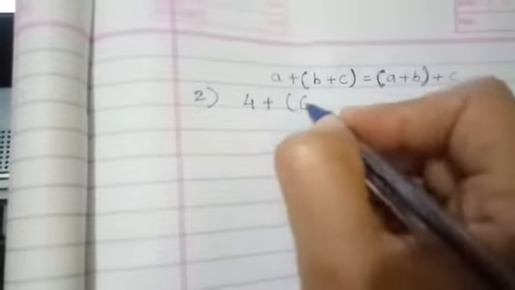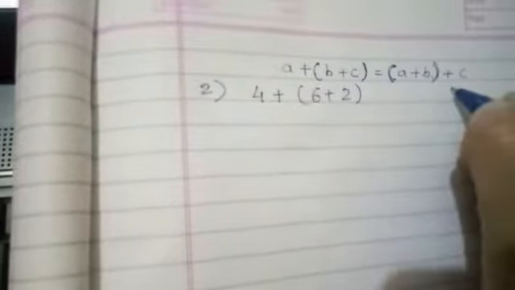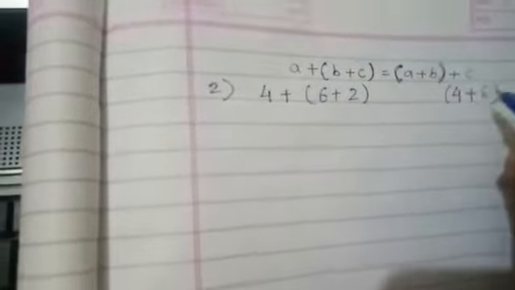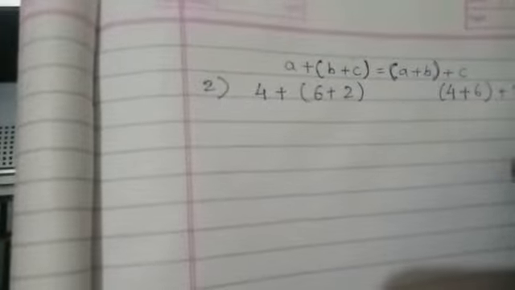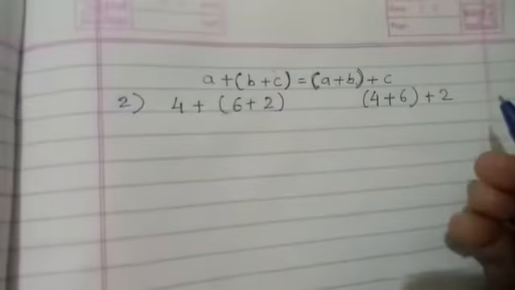Now this one is second example. 4 plus in bracket 6 plus 2, and next is bracket 4 plus 6 plus 2. Now we have to see whether this answer and this answer are same or not.